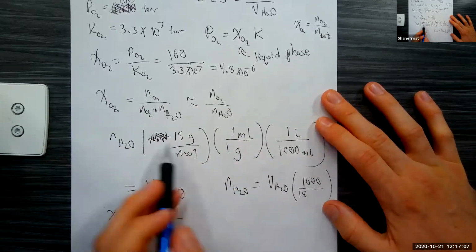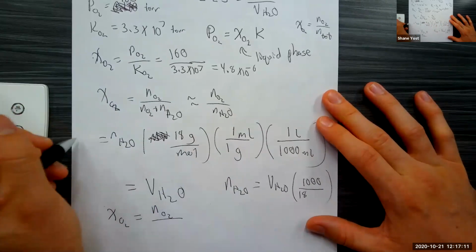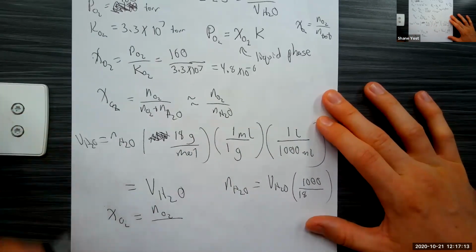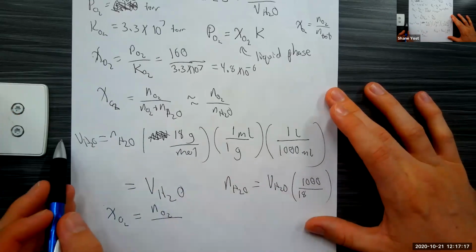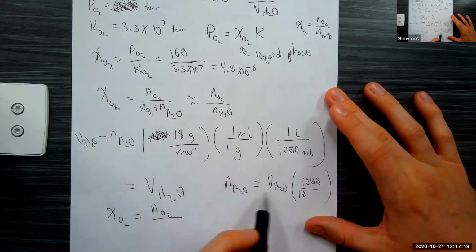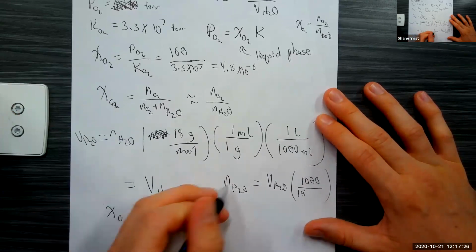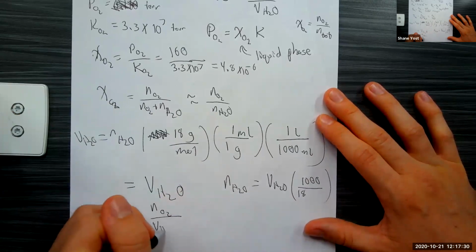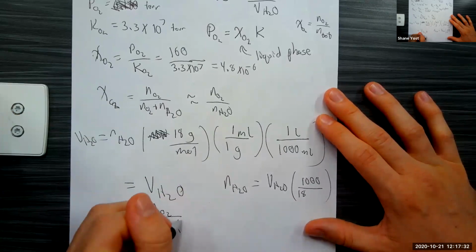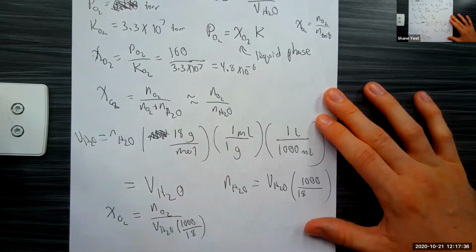Okay, so if I just move all of this onto the other side of this equation, all of this equals the volume of H2O. So I move all of this over to the left-hand side to get the number of moles of H2O is equal to the volume of H2O times that stuff, right? Then I can plug that into the denominator here, my mole fraction, the volume H2O times 1,000 divided by 18, okay?